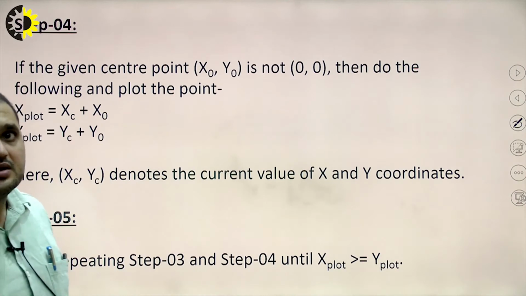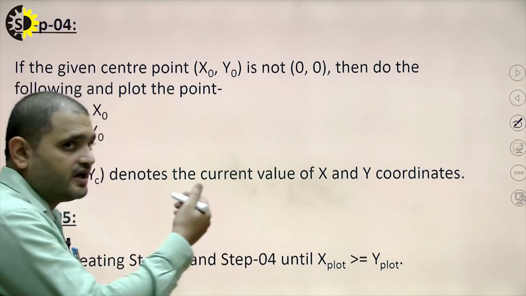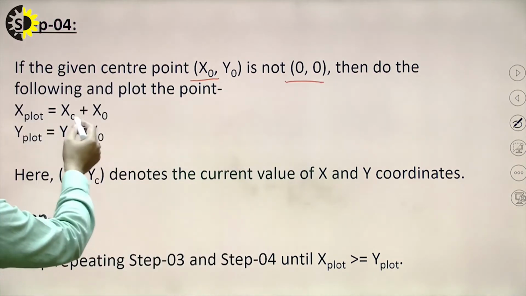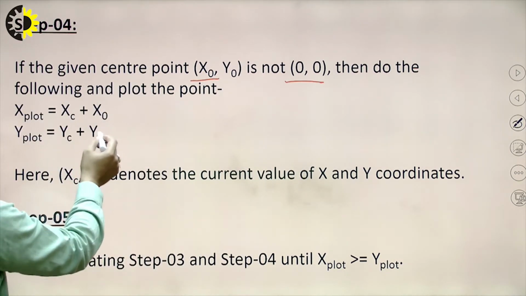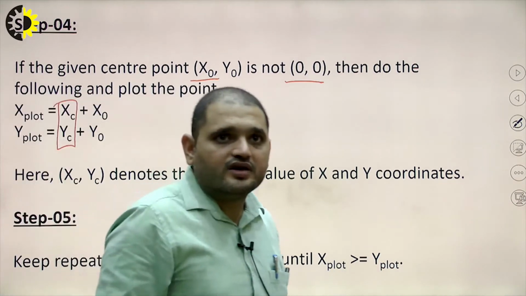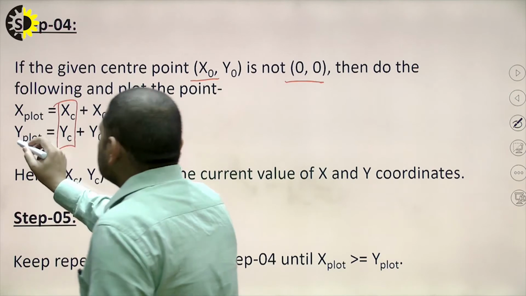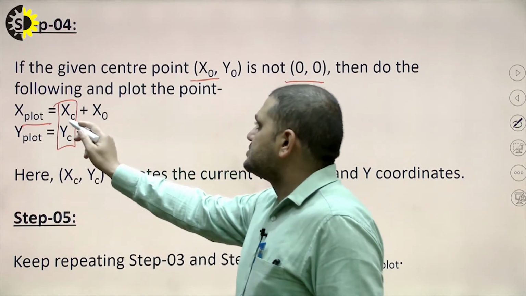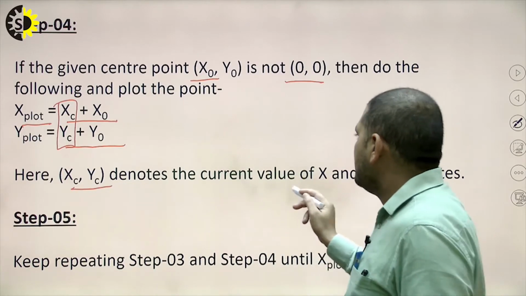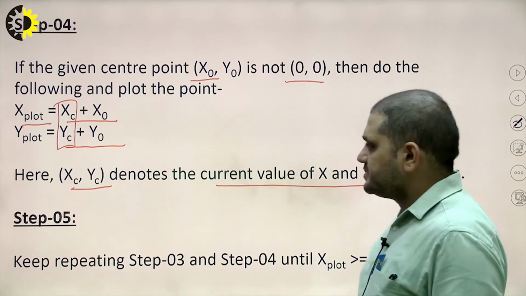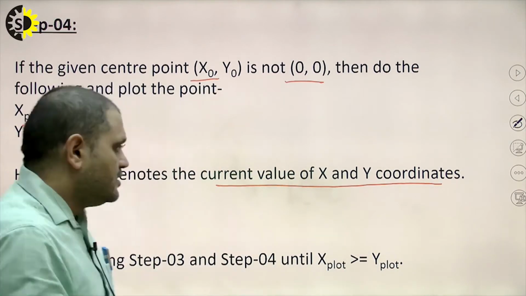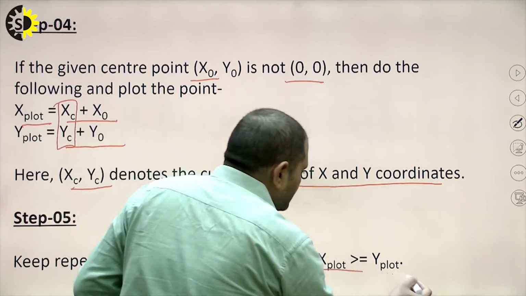Then after finding out, if the value of x0 y0 is not 0 0, we will add the value of this x0 y0 to the points which we have calculated using the algorithm. So the plotting values of x and y will be xc plus x0 and yc plus y0, where xc and yc denote the current values of the x and y coordinates, and we will keep repeating this iteration till x plot is greater than or equal to y plot.